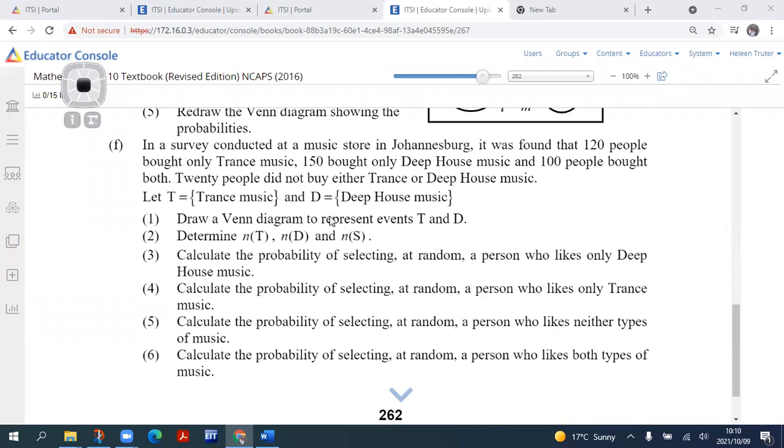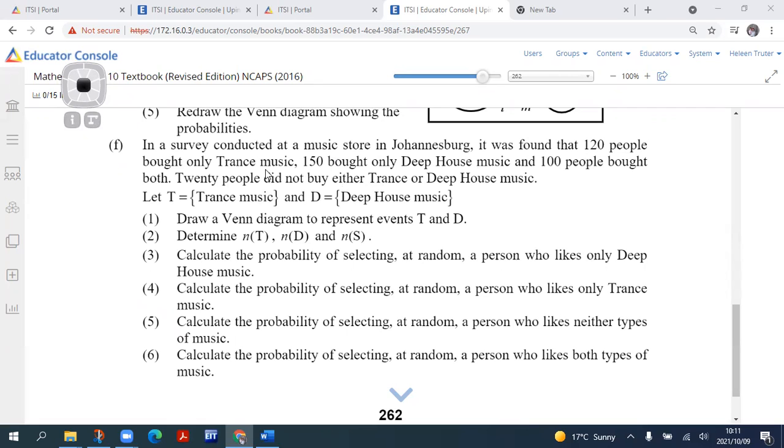Vir die laaste vraag F, gaan ek nou net in Engels werk. Die Afrikaanse mense moet hulle handboek oopmaak en jy het mos nou hierdie al probeer op jou eie. In a survey conducted in a music store in Johannesburg, it was found that 120 people bought only trance music. Skryf dit vir jouself neer.